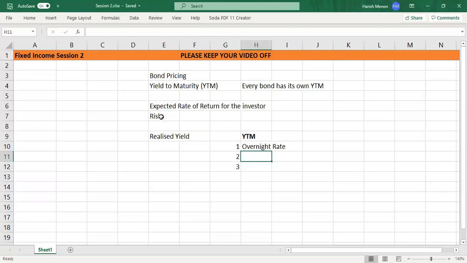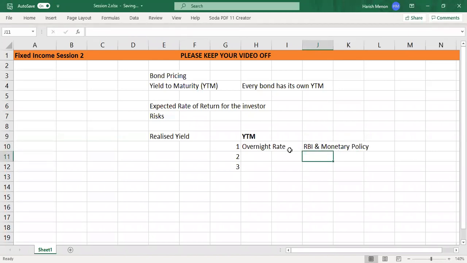So when they are trying to expect some rate of return on any bond, the first thing they look at is the overnight rate in the market, which has a lot to do with RBI. RBI and monetary policy decide the overnight rate to a very large extent.